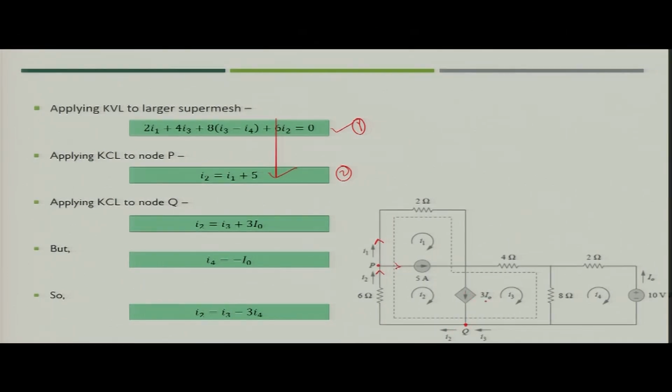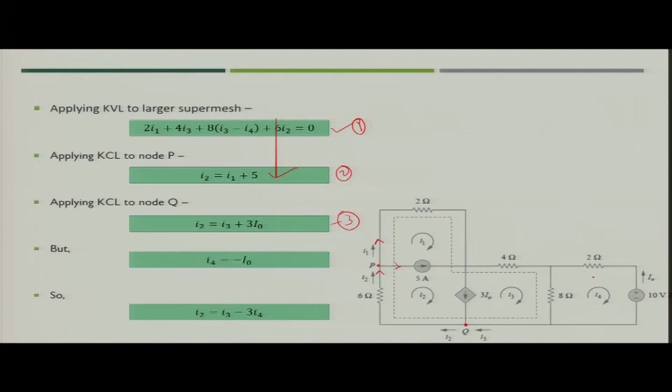So, 3 I0 plus I3 would be equal to I2. So, here you got 3 equations. Now, how many unknowns are there? The unknowns are 4: I1, I2, I3 and I4. So, where will we get the fourth equation?